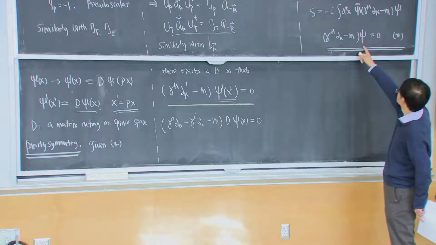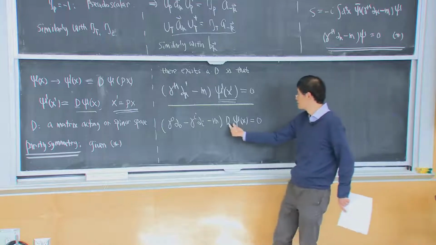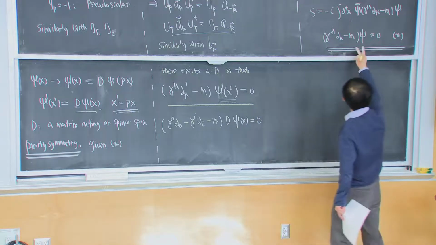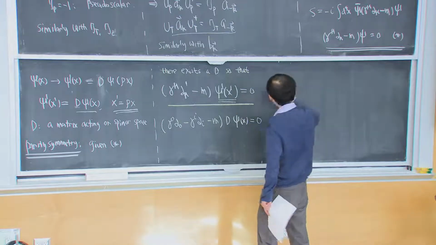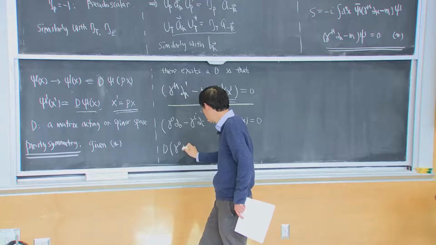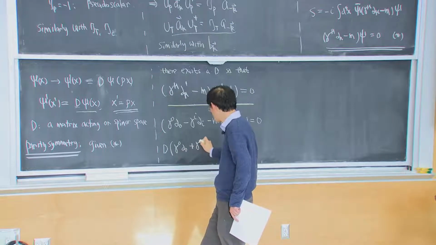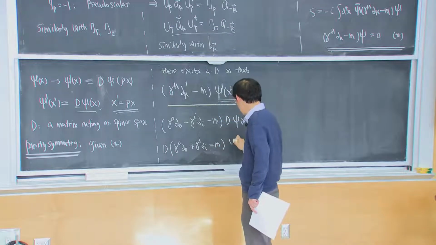Now if you compare with this equation, let's add the D on this equation. That corresponds to D times gamma 0 partial 0, plus gamma I partial I, minus m, psi x equal to 0.